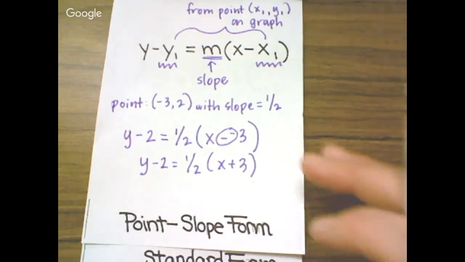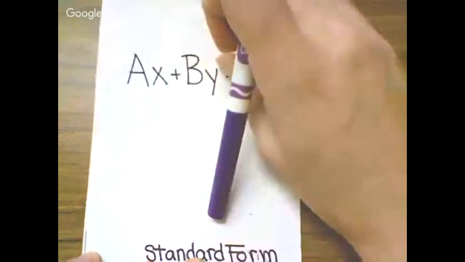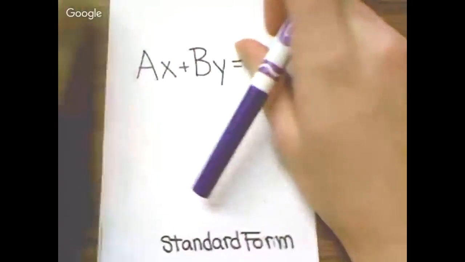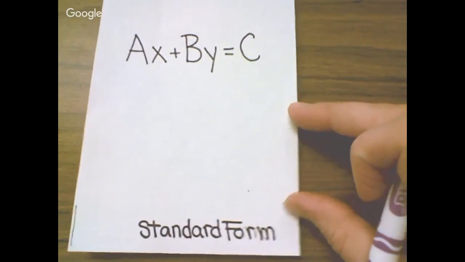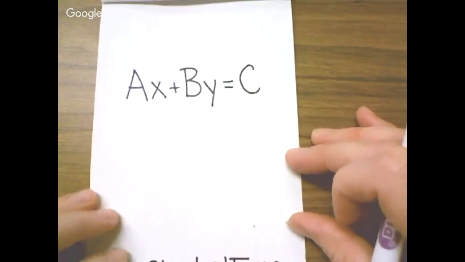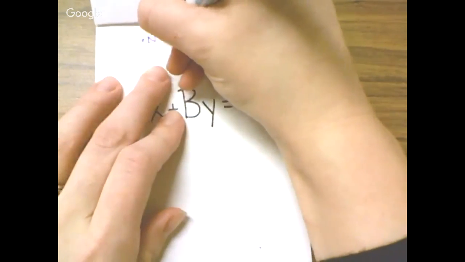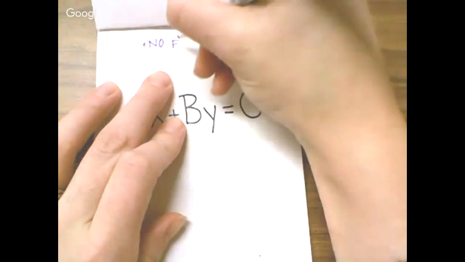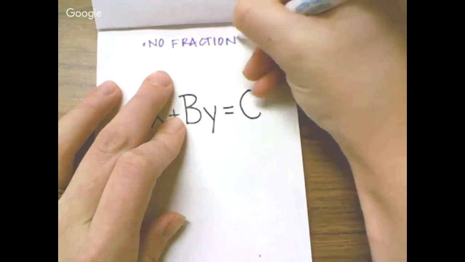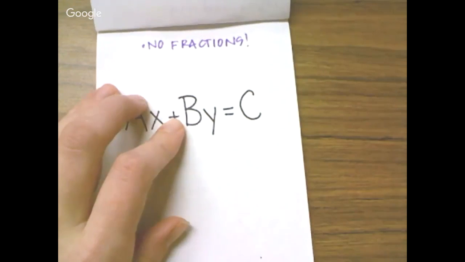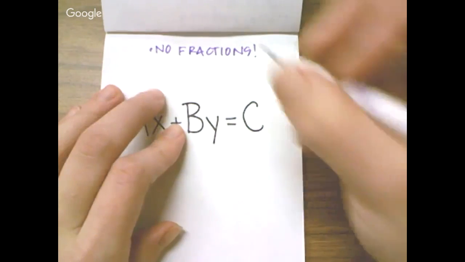And the third type is if I'm looking at my intercept. So this is my standard form. Okay, and standard form has a couple restrictions. So the first one is that there are no fractions. No fractions in my standard form.